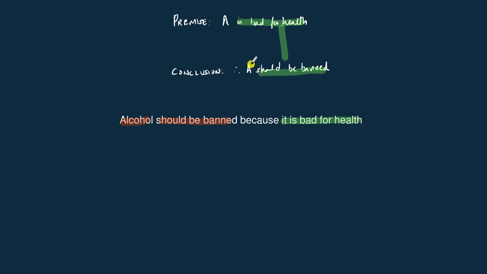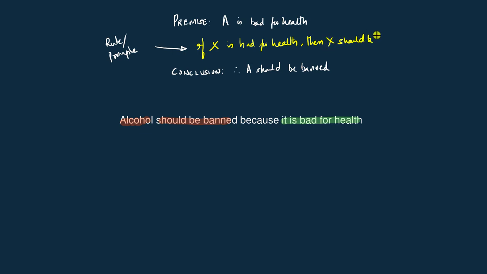So if I simply call the rule or the principle that has been used here to arrive at this conclusion: if something, let's call it X, if X is bad for health, then X should be banned. That's a rule. Now, I'm not asking you to evaluate whether it is a good rule or a bad rule. Obviously it sounds like a bad rule, a bad argument.